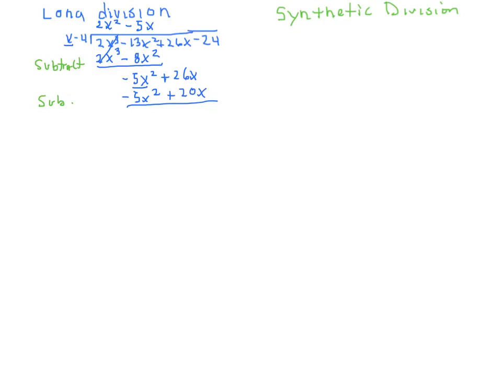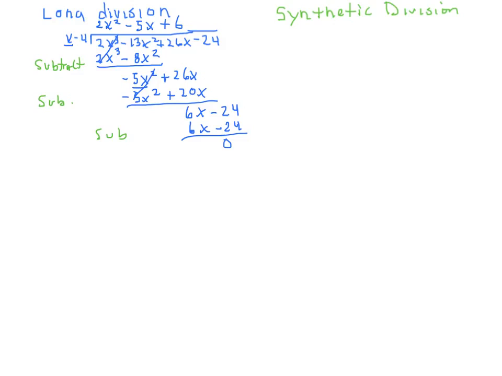And when I do, this cancels out, and I get 6x. I bring down my negative 24. X multiplied by what gives me 6x? Well, it is 6, and so that gives me 6x minus 24. Again, I remember that I subtract, and when I do, that gives me 0 remainder.